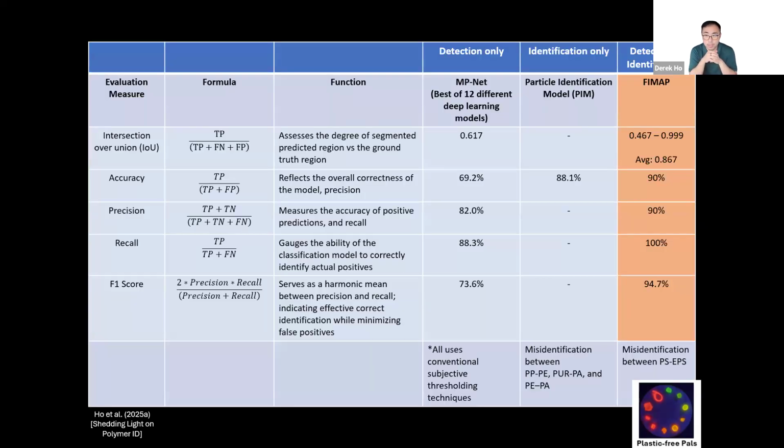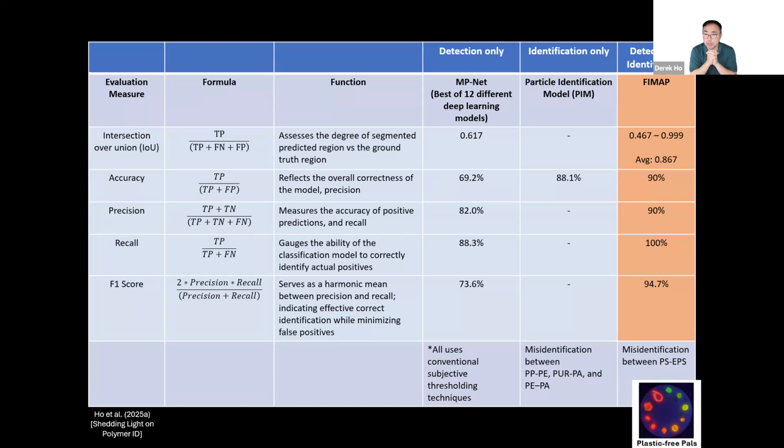Compared to other technologies, FIMAP has done very well in both the detection and identification front. It actually outdid a method which uses 12 of the best deep learning models, but trained on subjective black and white thresholding data. Whereas with FIMAP, using our code, we are able to objectively detect the particles without requiring finicky thresholding, which may change with larger particles versus smaller particles, as they require different thresholds for detection.